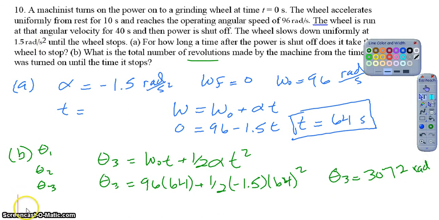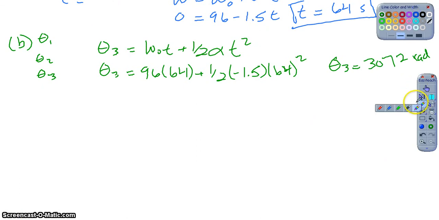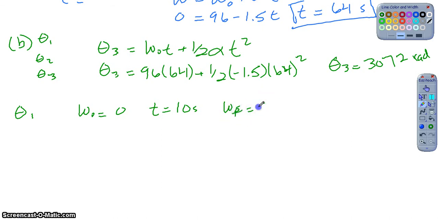Okay, so then we still need to find our other two measurements. We still need to find how many radians we make as we're moving at a constant velocity, and how many radians we travel as we're picking up speed. If we start with the beginning, to find how many radians we turn as we pick up speed, they give us the initial angular velocity of 0, they tell us the time is 10 seconds, and they tell us the final angular velocity is 96 radians per second.